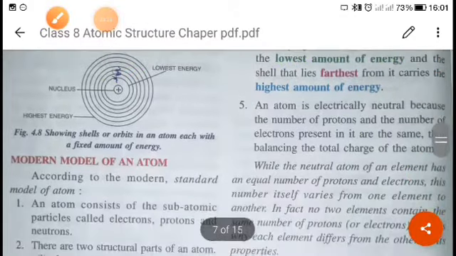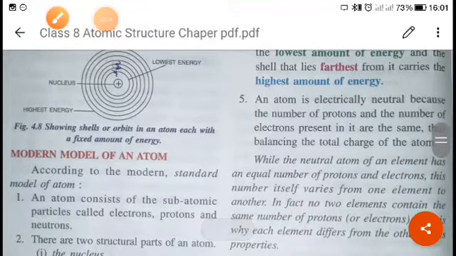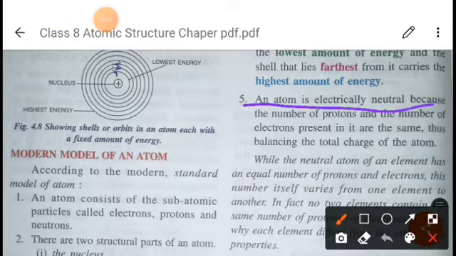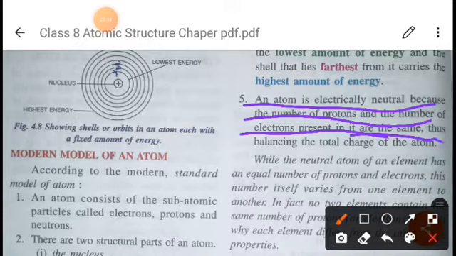Now next, an atom is electrically neutral because the number of protons and the number of electrons are the same, thus balancing the total charge of the atom. An atom is electrically neutral because the number of protons and the number of electrons present in it are the same, thus balancing the total charge of the atom.